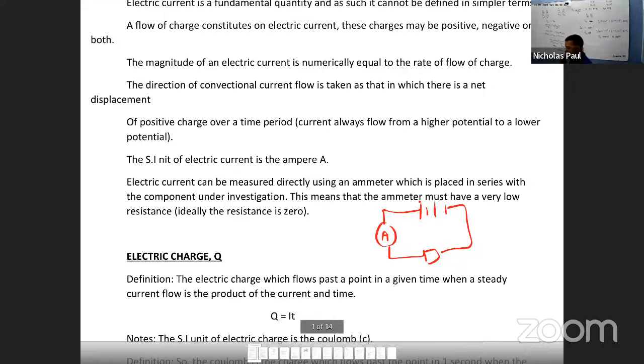Why does the ammeter have a low internal resistance? Because when you measure current, you want current to flow through it. But the voltmeter has what? High internal resistance, right?